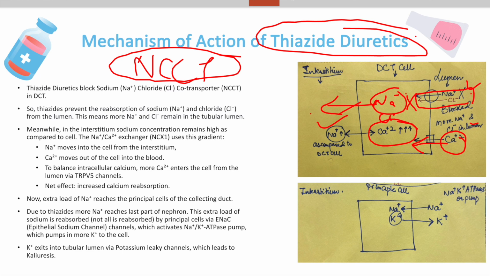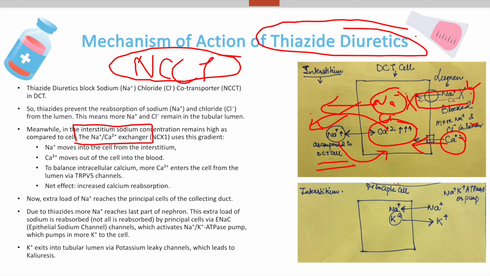As compared to the cell, the sodium level within the interstitium is more than the cell. So there is a concentration gradient. More sodium is present in the interstitium as compared to the DCT cell. What this concentration gradient does is it results in calcium movement out of the cell and sodium movement back into the distal convoluted tubular cell via the sodium calcium exchanger.